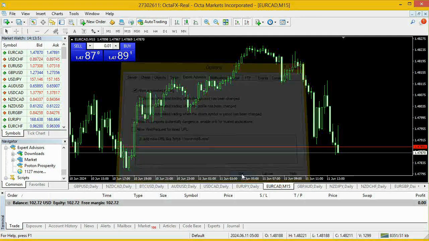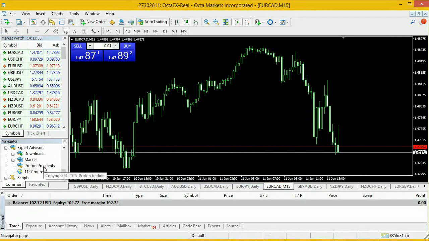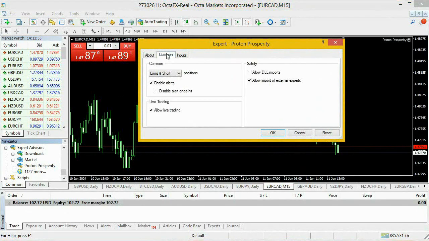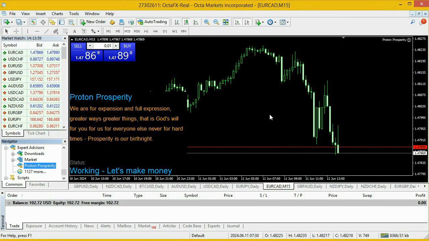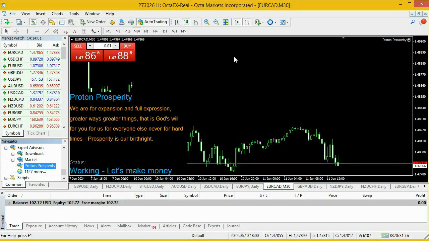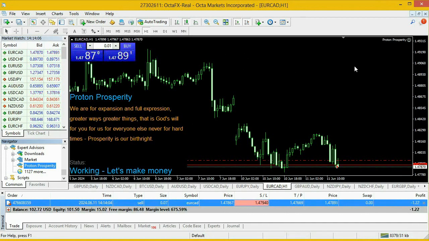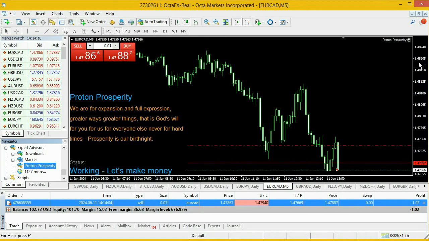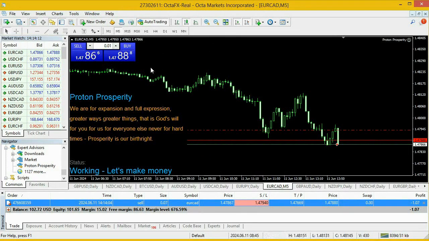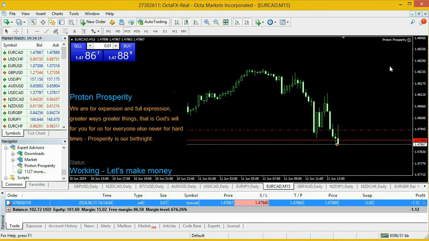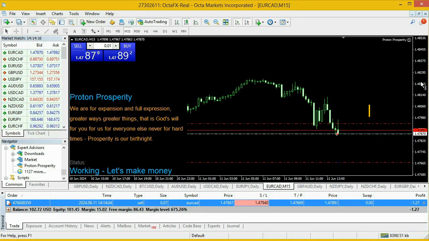We load the expert and deactivate external experts. Again, we need to look for a trigger. Sell position executed. Our stop loss and take profit.